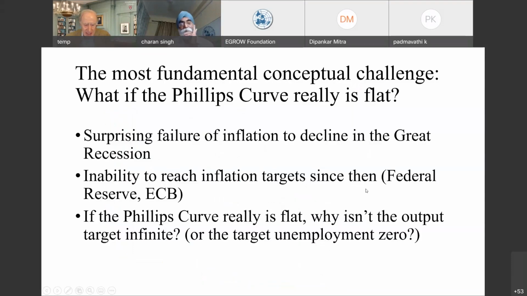Now, I think this creates, if true, a very fundamental challenge for monetary policy, because if it's really true that inflation is not responsive to the state of utilization of the economy, then why is there any upper limit on the output target that the central bank should be seeking to achieve?